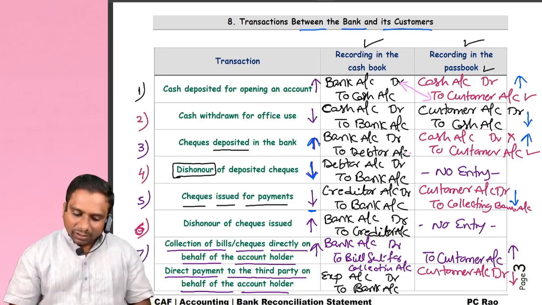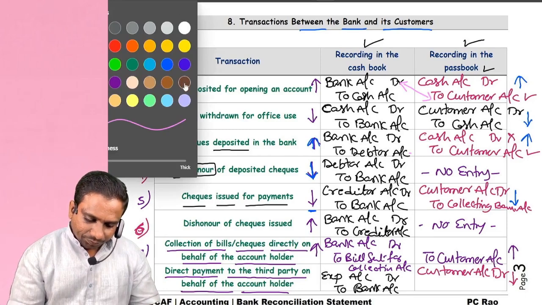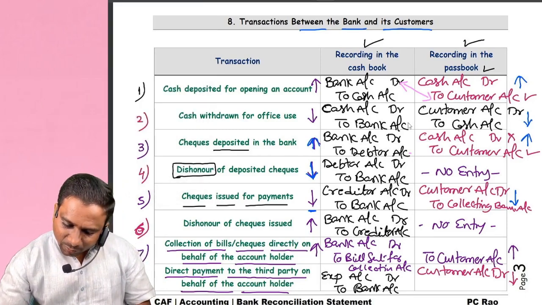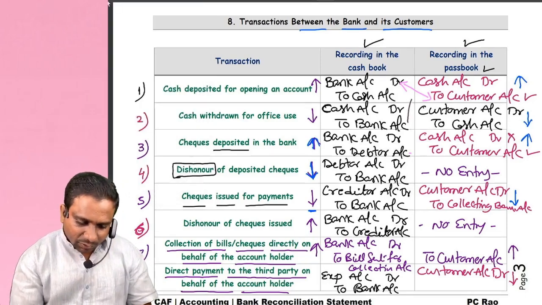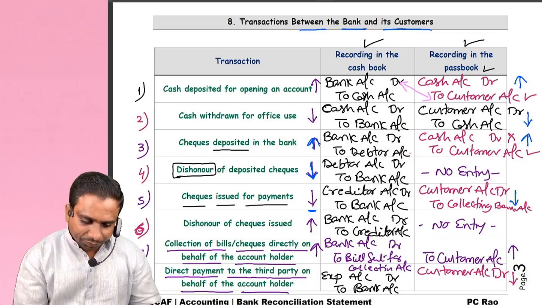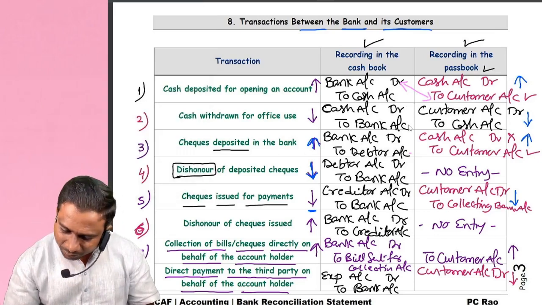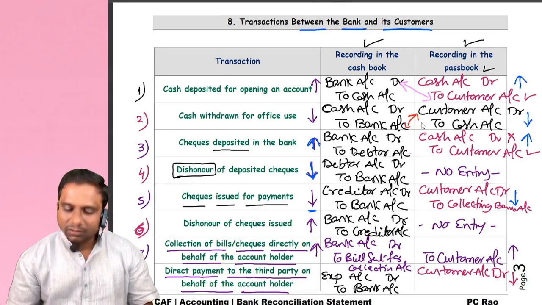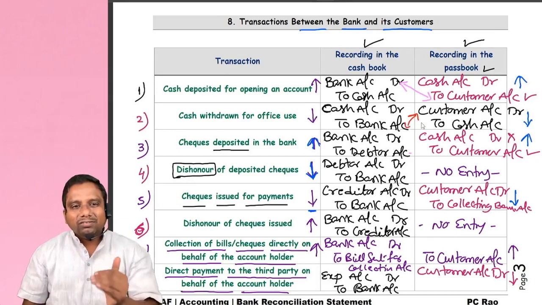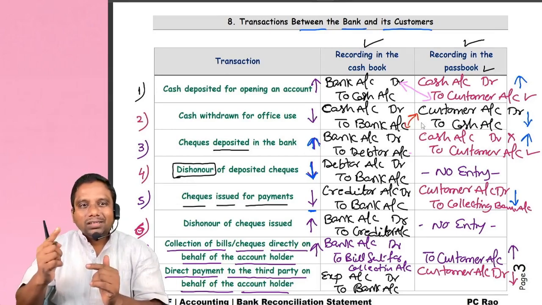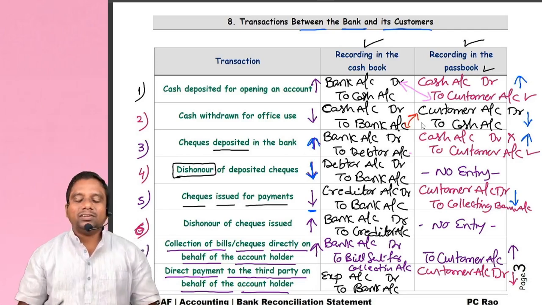When we credit bank account, the bank is debiting our account. In our books, we are crediting the bank. In the bank's books, the bank is debiting our account.